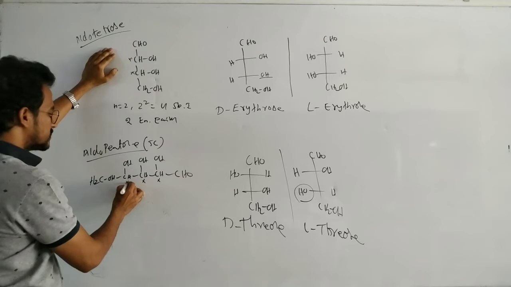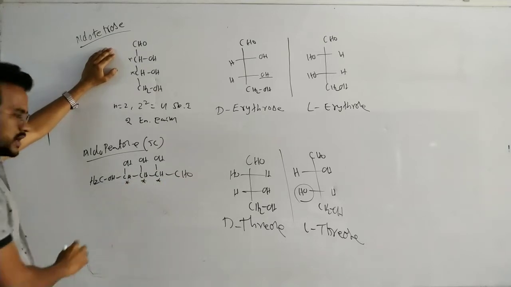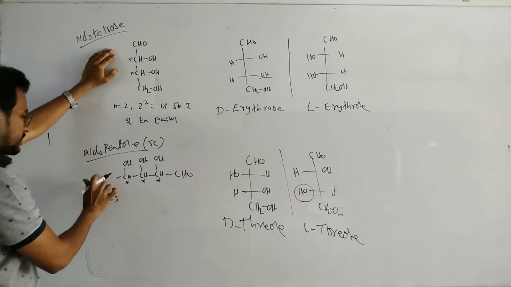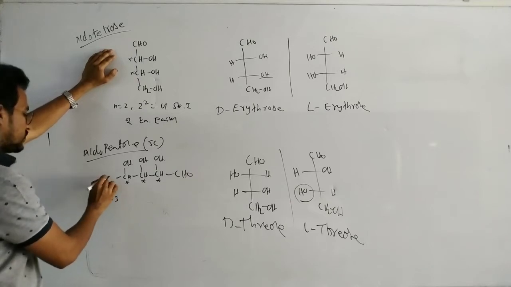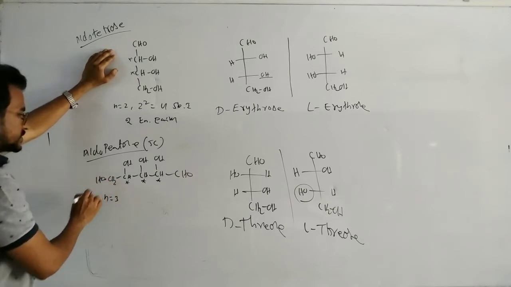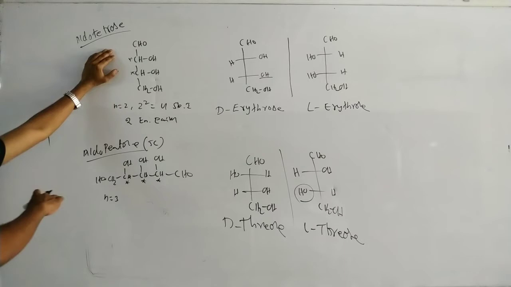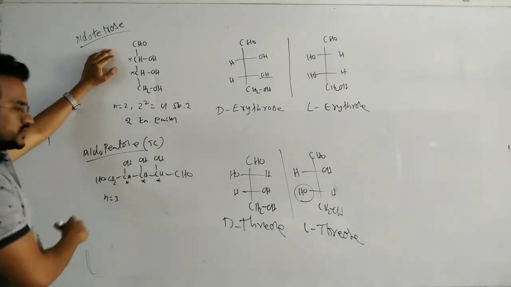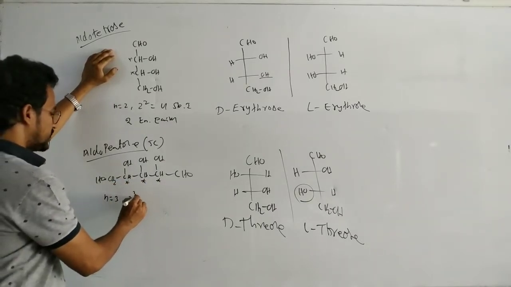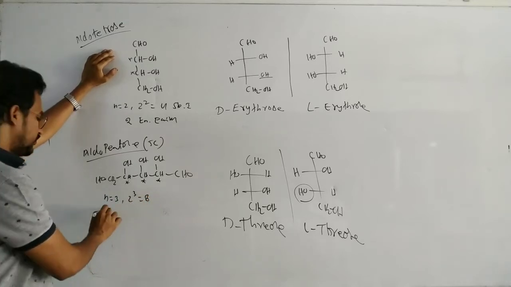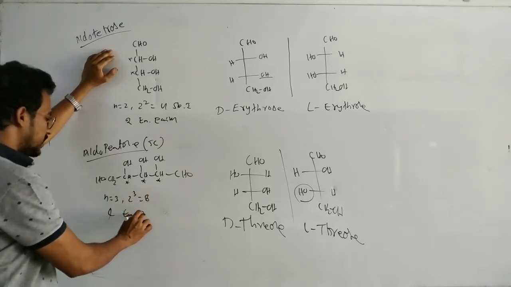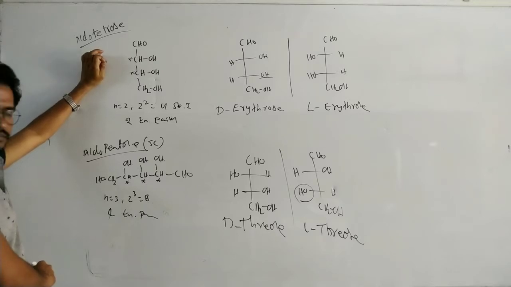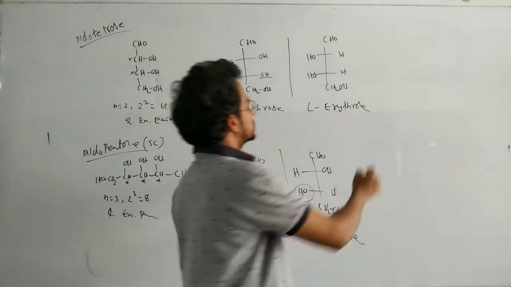How many chiral carbons? 3 chiral carbons, n equals 3. I have written it horizontally, not vertically. So 2 to the power of 3 is 8, which means 4 enantiomeric pairs: 4 D and 4 L. That is aldopentose.